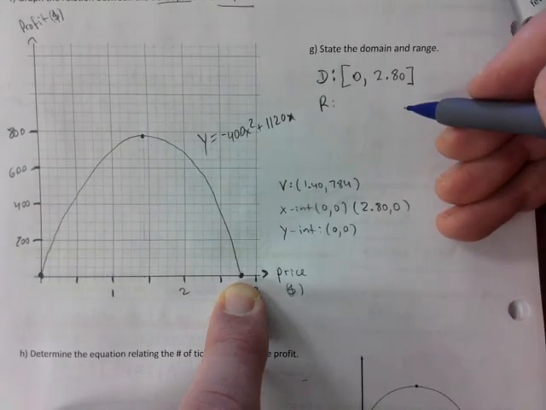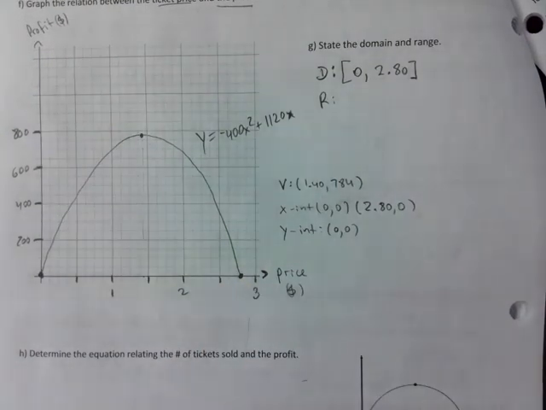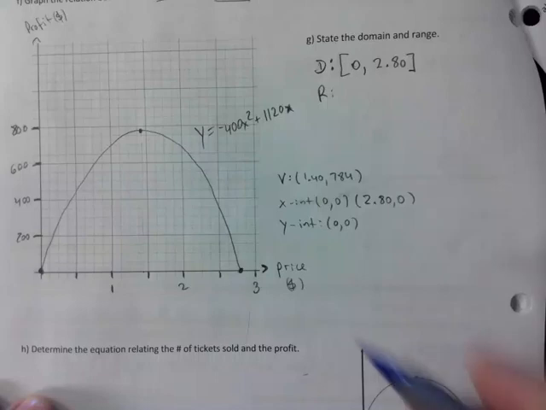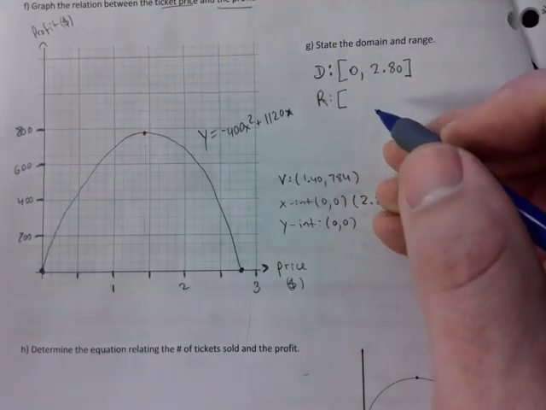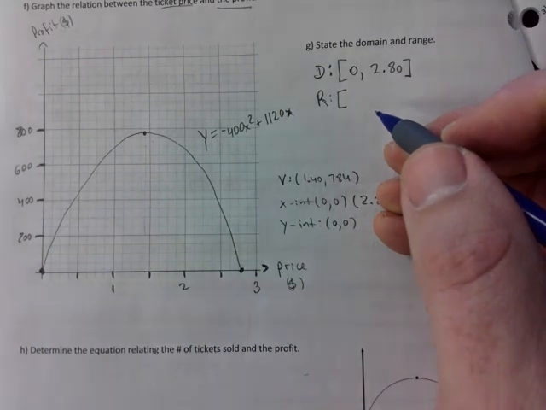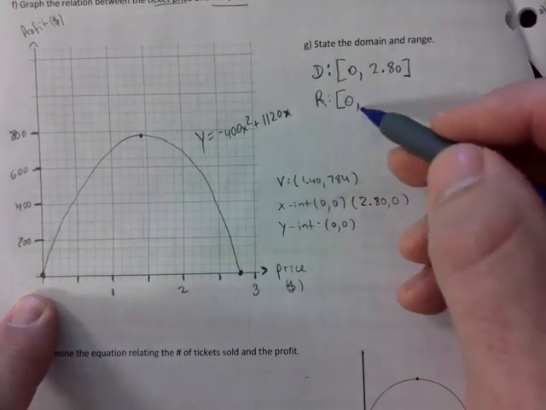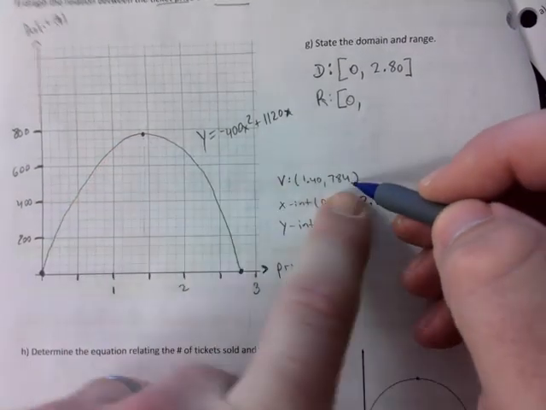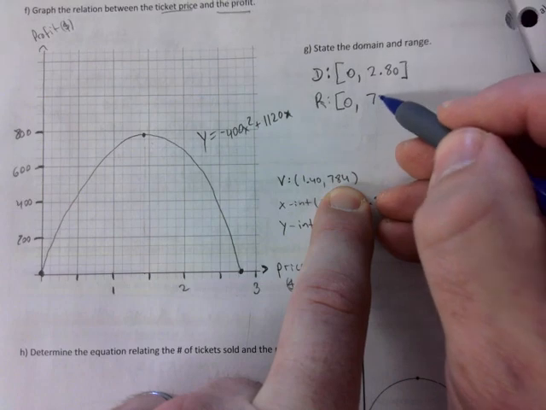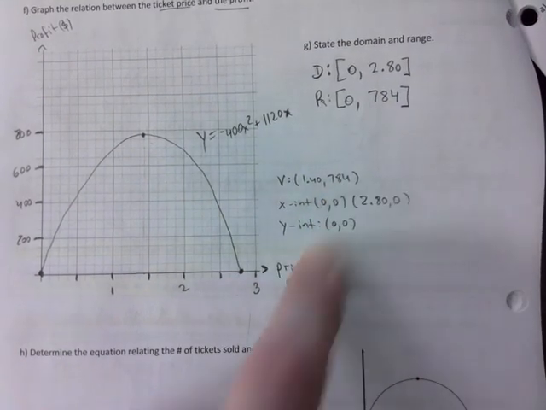Because you can have negative profit in real life, but for us, it kind of stops there unless clearly indicated otherwise. We're not about real life in math, right? We just stick to dreamland. For range, it's 0 all the way to the highest y value, the highest profit, which is 784. There we go.